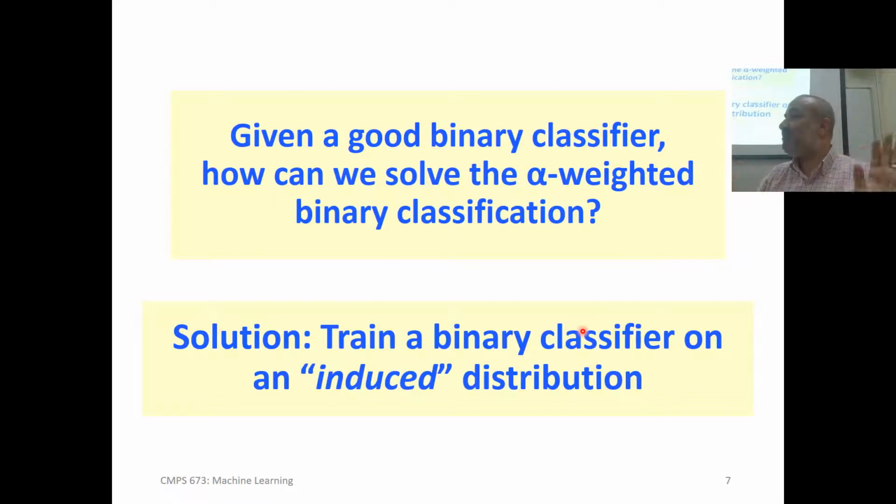Balanced. Very good. Straightforward, right? So the solution here is to reduce the problem from alpha weighted binary classification into general binary classification by creating an induced distribution, a new distribution from the original one. The original one is completely unbalanced. I will create a new distribution that is balanced and then pass it to the classifier as we usually do.